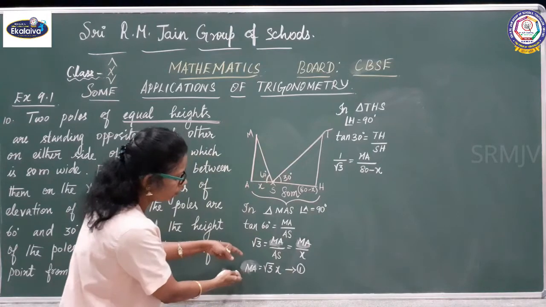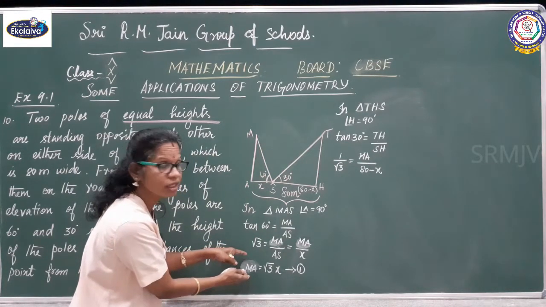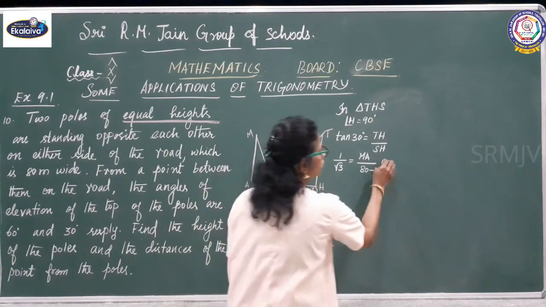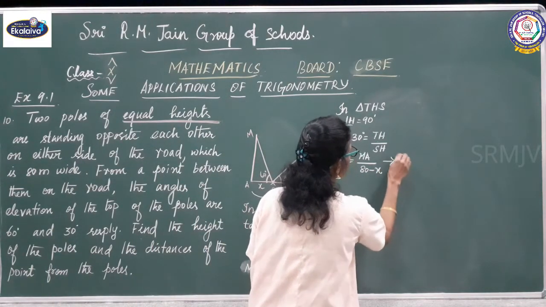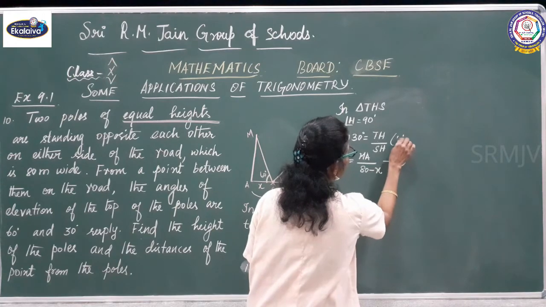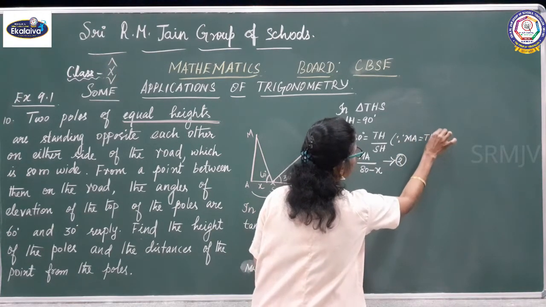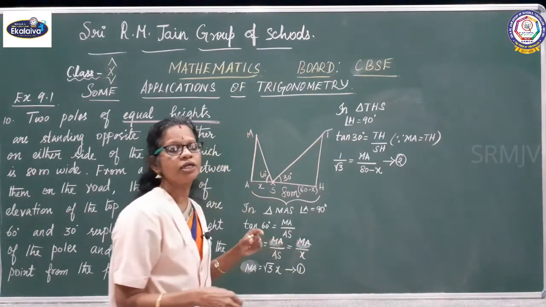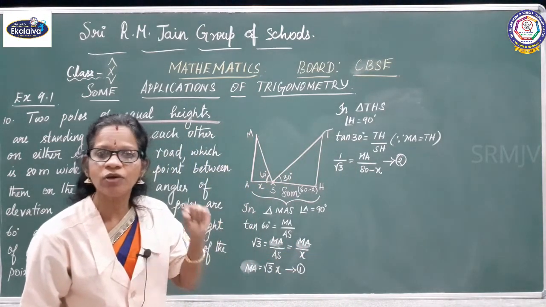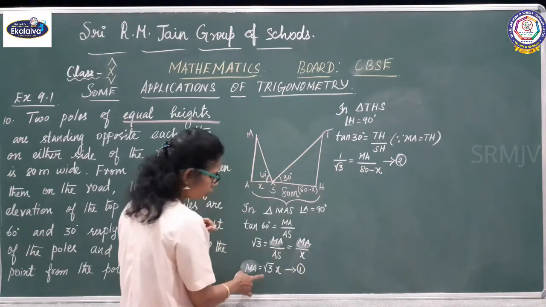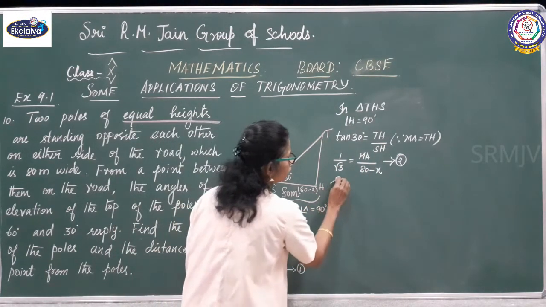Now, MA you got in the first equation, that you are going to substitute in the second. This is your second equation. Since MA equal to TH, because it is given that the two poles are of equal height, now MA can be replaced by root 3x.